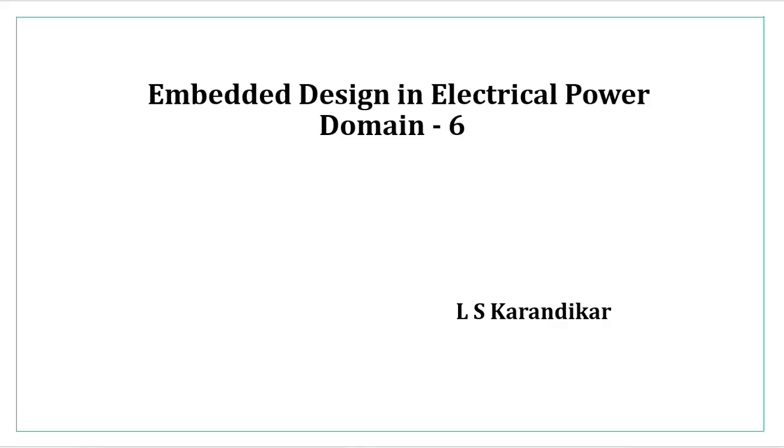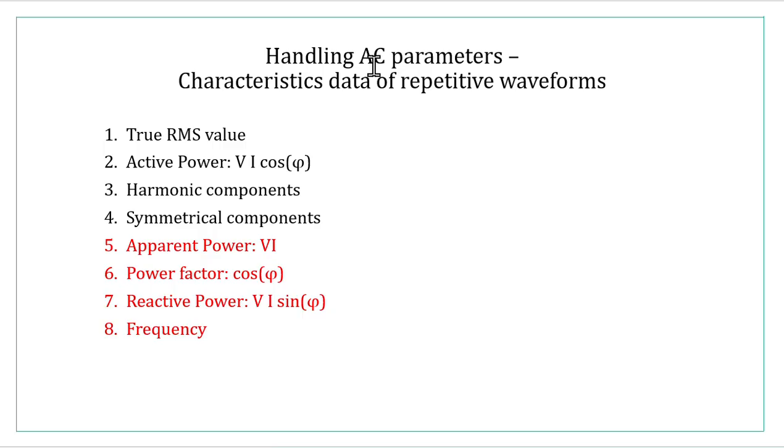So, what we have done so far, let us see. True RMS value, active power, which is VI cos phi, harmonic components, symmetrical components. We have seen how to interface these power entities with our embedded system, right?